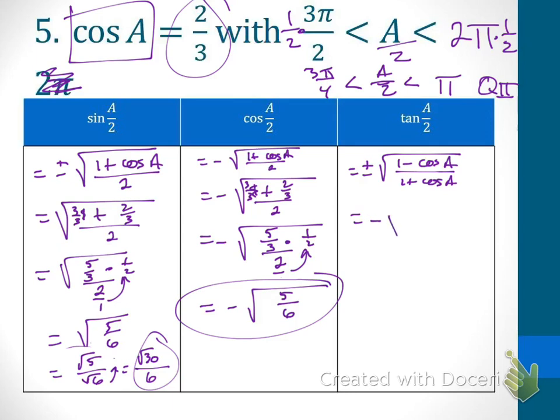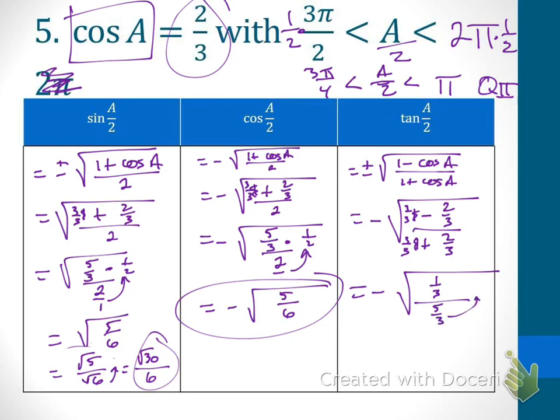Now, tangent in quadrant 2 is going to be negative. So this becomes negative square root of 1 minus cosine of A, which is 2/3, over 1 plus cosine of A, which is 2/3. And now we want to go through and reduce. Get a common denominator here and here, so that we can combine. 3 minus 2 is 1/3. 3 plus 2 is 5/3.